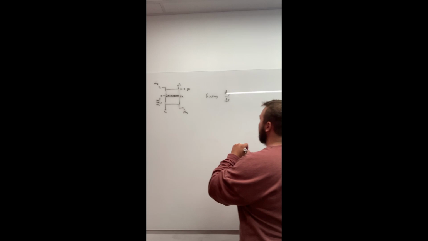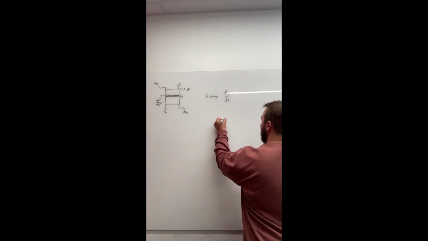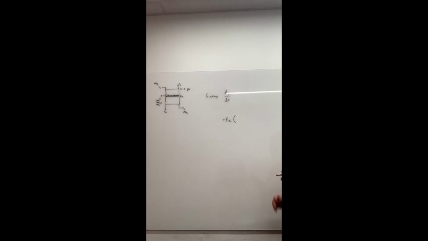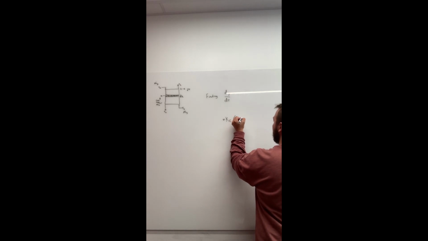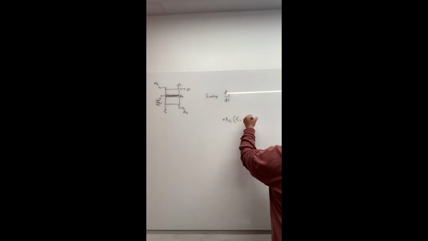So what we can start by doing is putting down the relationship between the concentration and the mole fraction. So we'll have Kc, and then we're going to have the difference of the concentrations, C2 or C final.